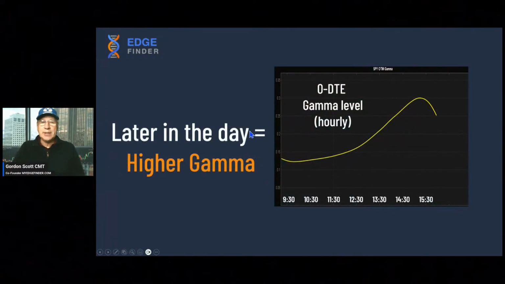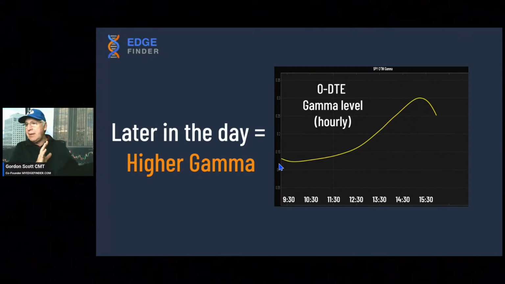The last one is within the day, the later in the day makes a difference. Earlier in the day, you have pretty high gamma scores, up in the low teens. And that's super high for a gamma score, because usually it's under 0.1 for most days leading up to 45 days, 30 days, whatever.